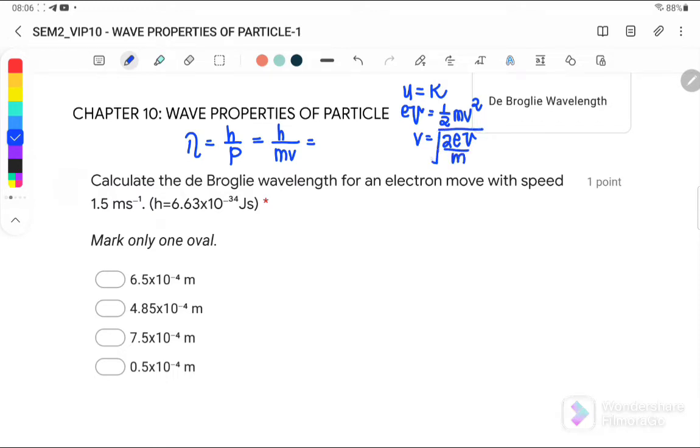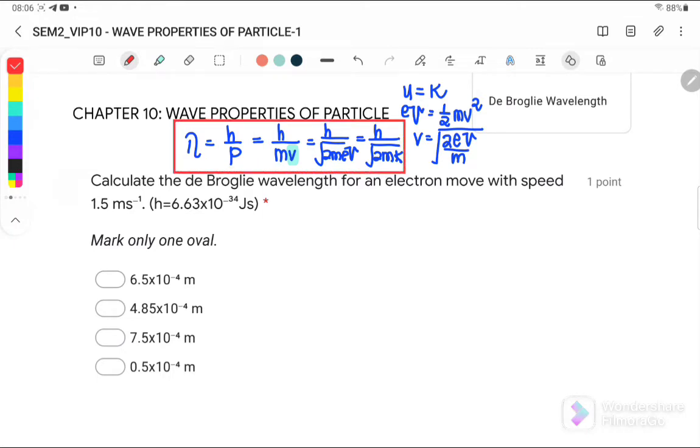Substituting into the equation, finally we get h over the square root of 2meV, or we can write h over the square root of 2mK. So these are the four equations that we will use to find the de Broglie wavelength.